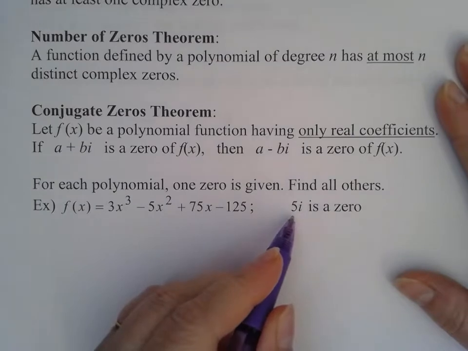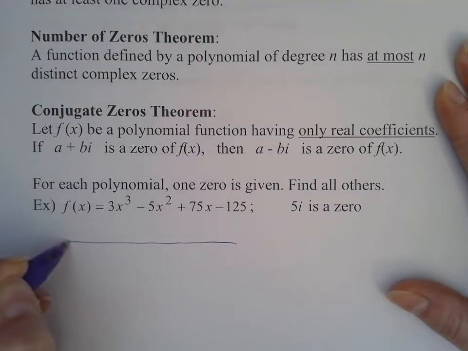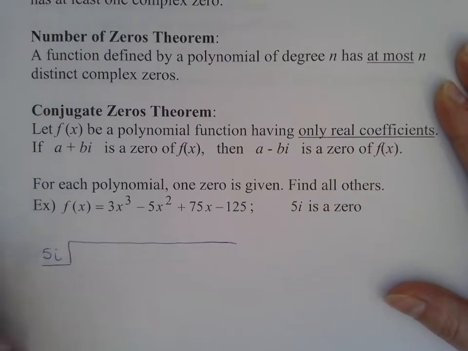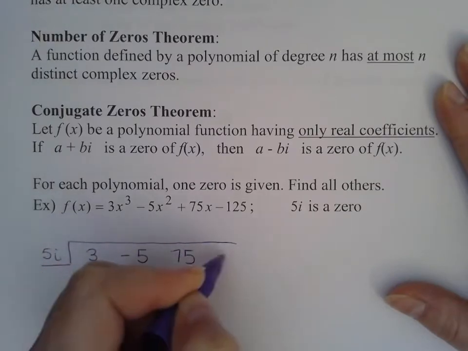Okay, so we're going to do our synthetic division with 5i. And we're going to put the 5i out front here. And we're going to list the coefficients in descending powers of x in that order.